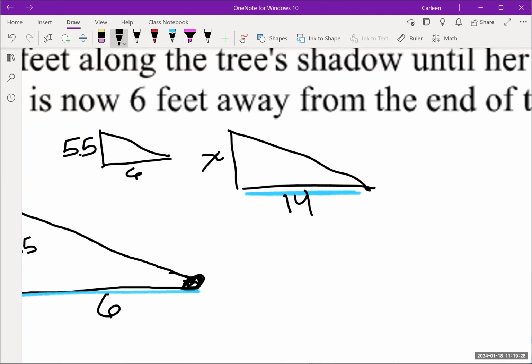Okay, now can you see the proportion fall right out of that? Yeah, now it doesn't matter. I like to have the X on the top of the proportion, but it doesn't matter. Okay, so what do you think our proportion is going to be? How about 5.5 to 6 is equal to X to 14? Do you see that proportion fall right out of the picture?